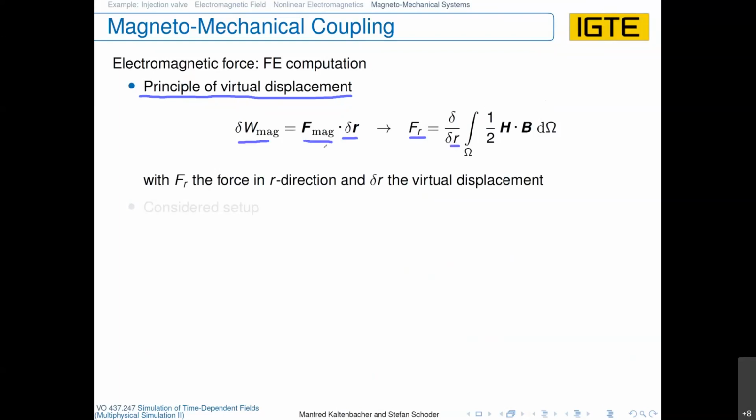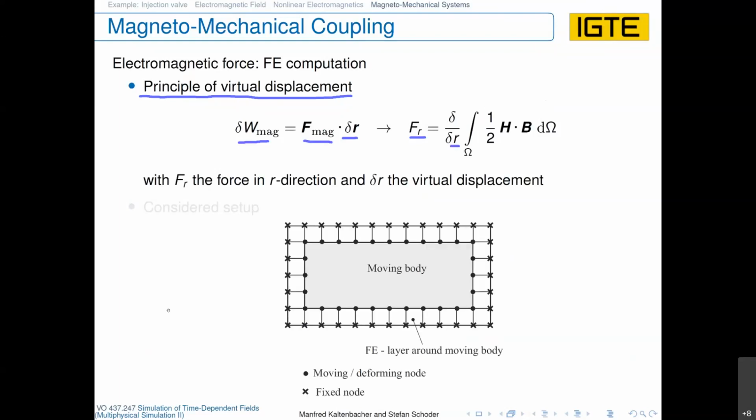So classically, we will have to do three evaluations, one in x, one in y, and one in z, when we have Cartesian coordinates. So this is the standard setup. We assume that we have this moving body, and what you actually do is take the first layer of finite elements surrounding your moving deforming body where electromagnetic forces want to be computed.